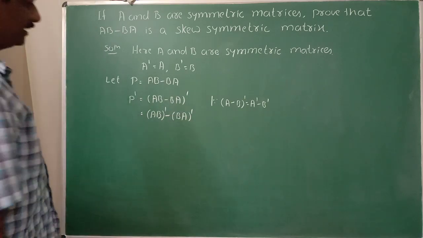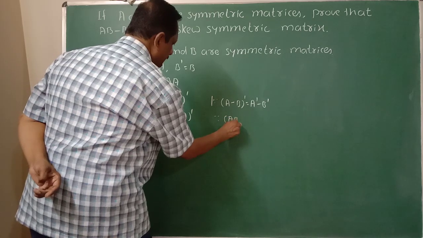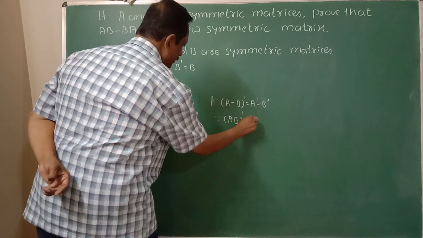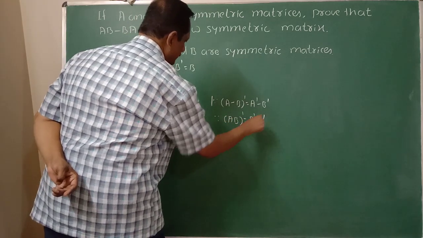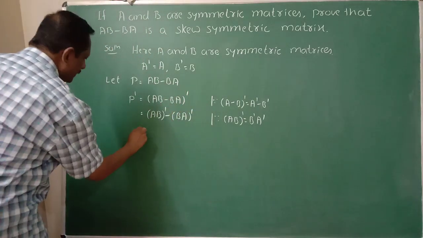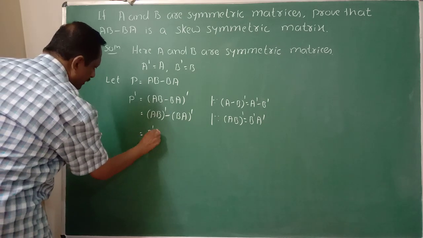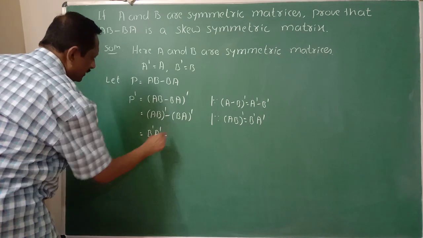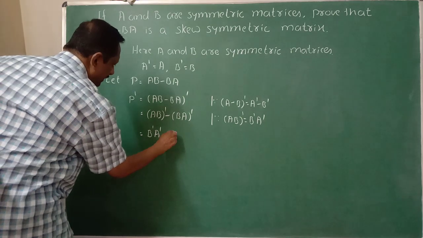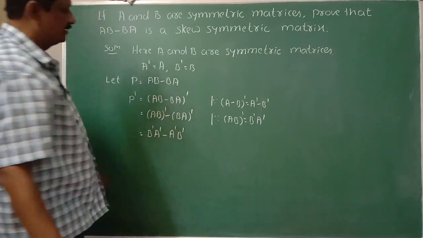And again the property is that AB whole dash is B dash into A dash. So use that: AB whole dash is B dash into A dash, minus BA whole dash, which is A dash into B dash.